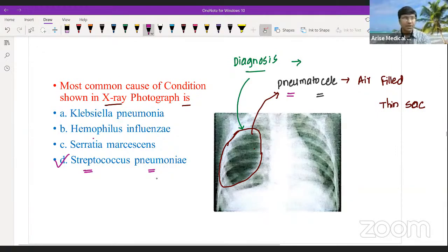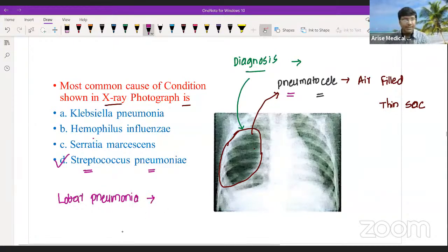Now, everyone was thinking it to be a lobar pneumonia. But in case of lobar pneumonia, what should be that peculiar finding?